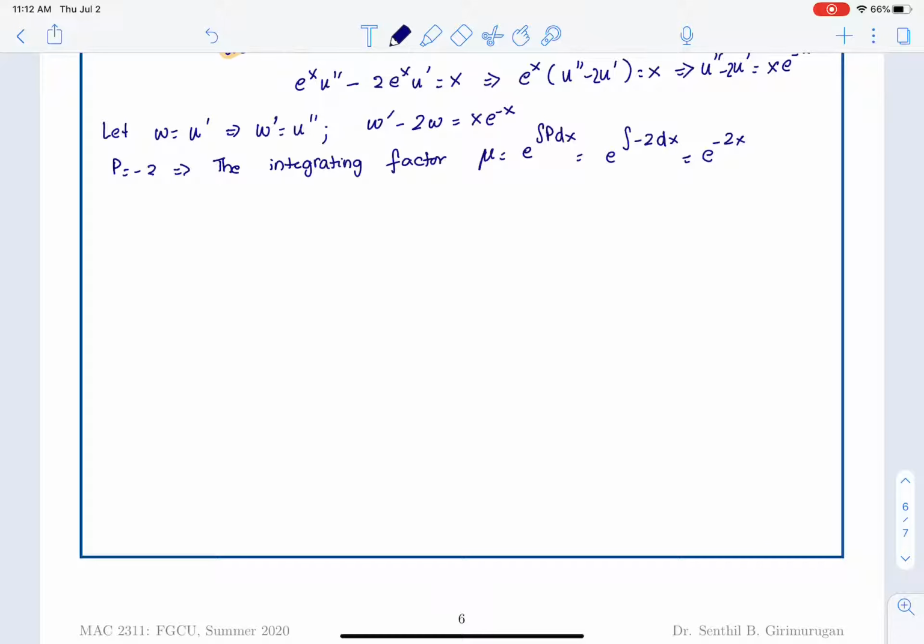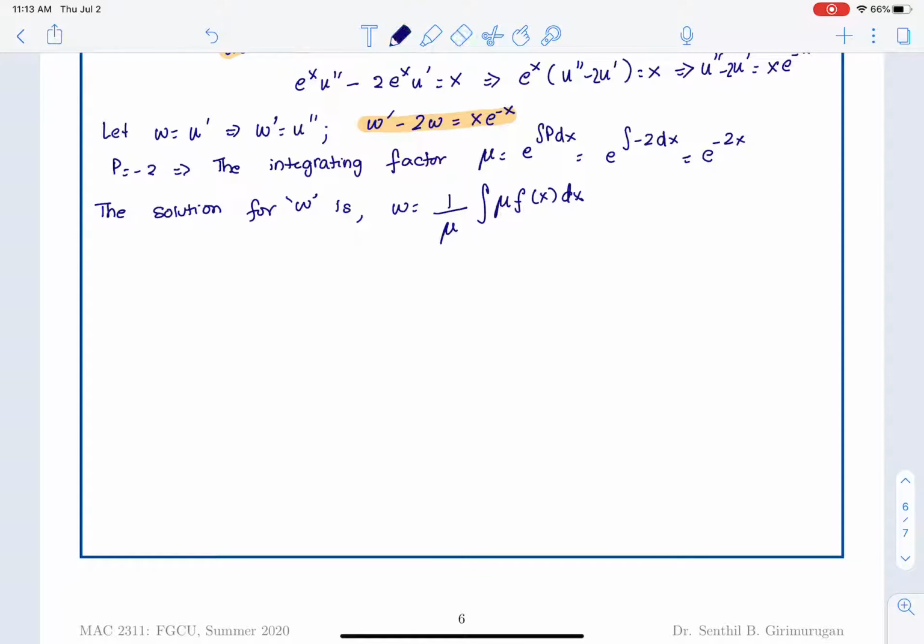And the solution for w, because we have rewritten the equation from u to w, is w equals 1 over mu integral mu times f of x dx.